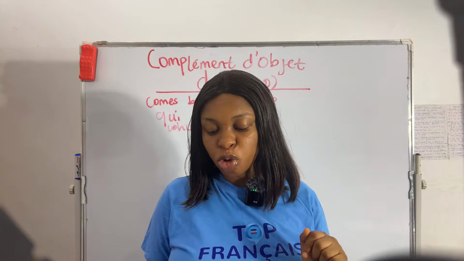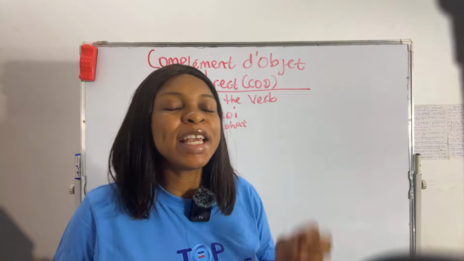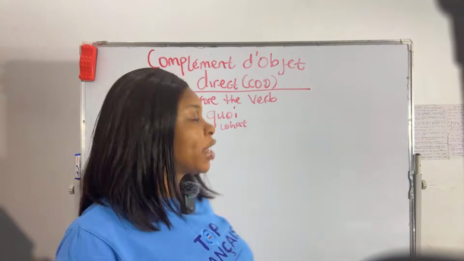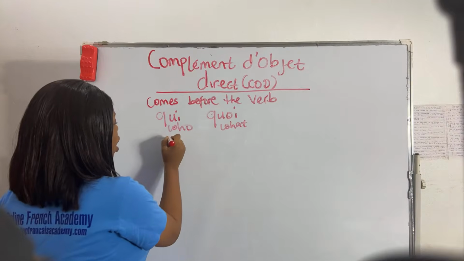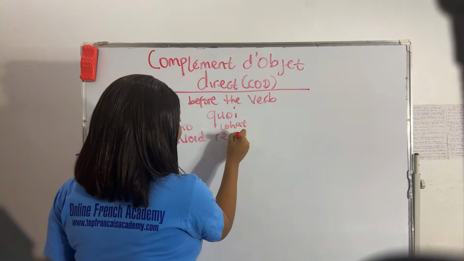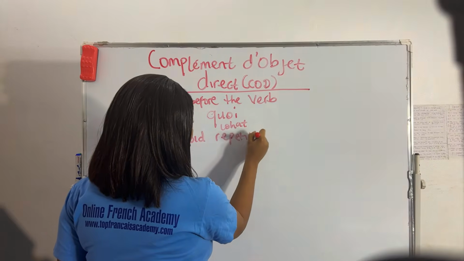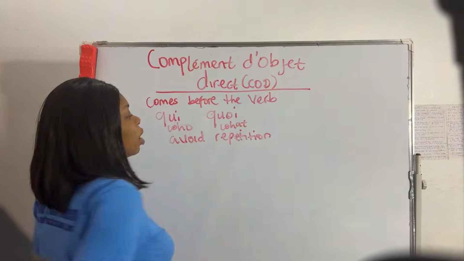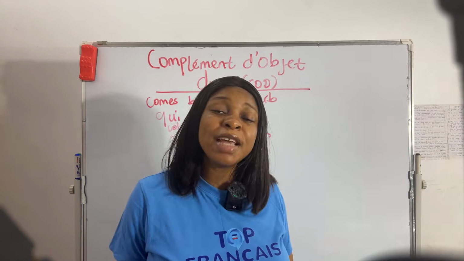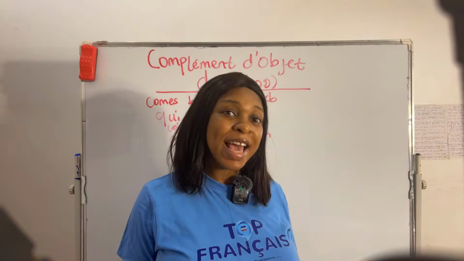Then one more thing you should know is that COD is used to avoid repetition. For example, I tell you, are you seeing Mark? And you want to say yes.